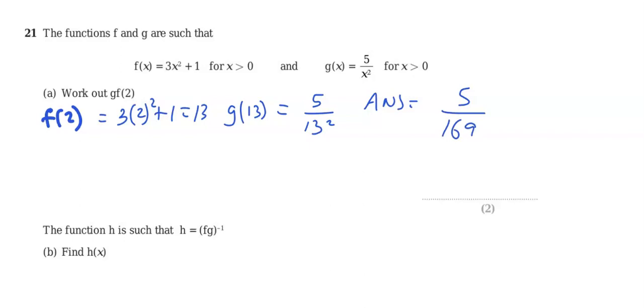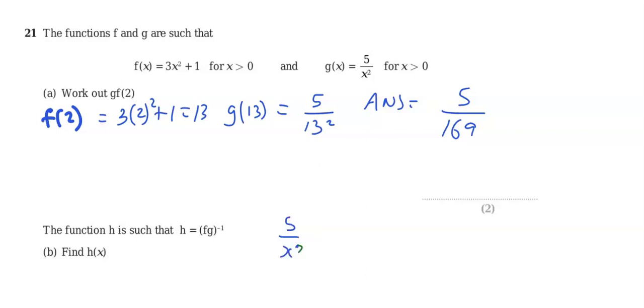It says the function h is such that h is f of g of the inverse of f of g. So what we have got to do is to take the function g and do f to it. Just a minute, have that cleared out.